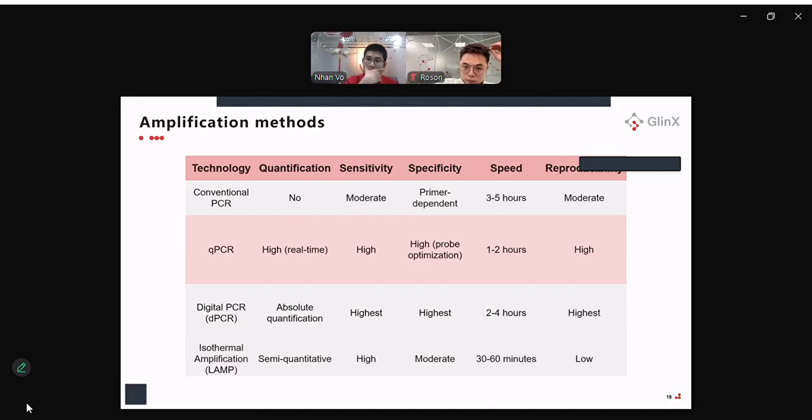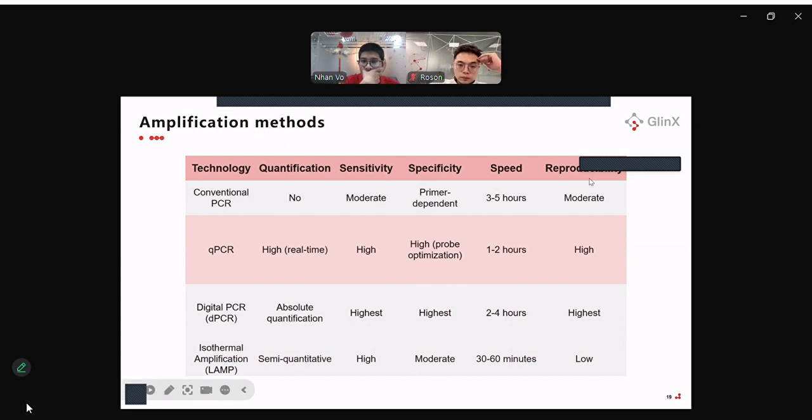It will clearly tell how many viruses, how many bacteria are within the sample. So this is the most accurate one. It has the highest sensitivity and highest specificity.